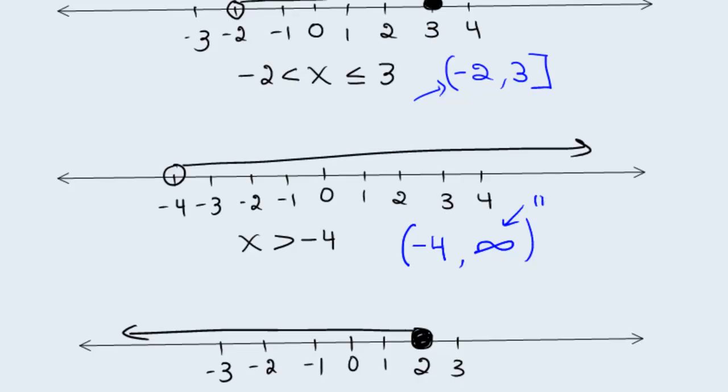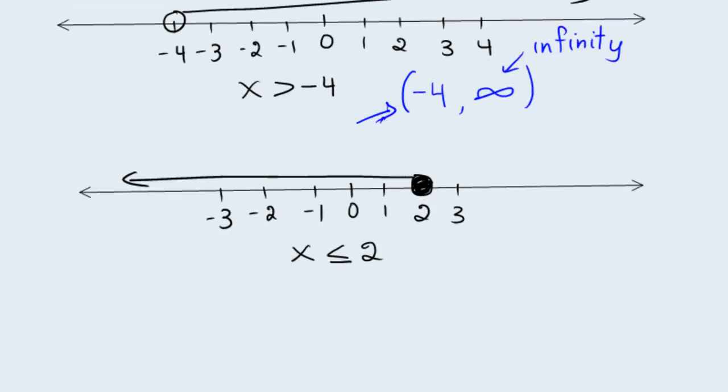It's called infinity, and it just means that you're going in the positive direction forever, like this arrow tells you. You're starting at -4, you're not including the -4, right, this open parenthesis, and you're going forever to the right. You're including all the numbers to the right.